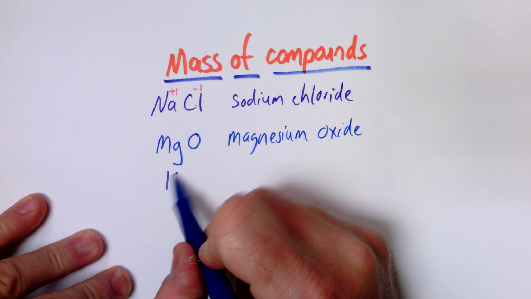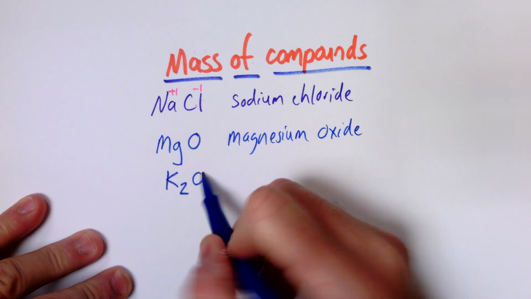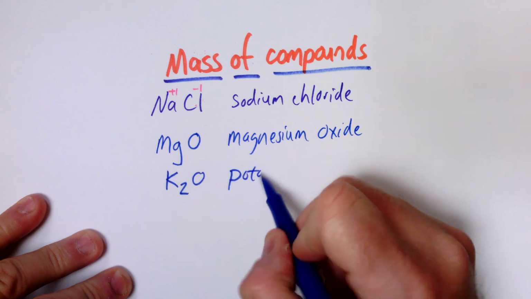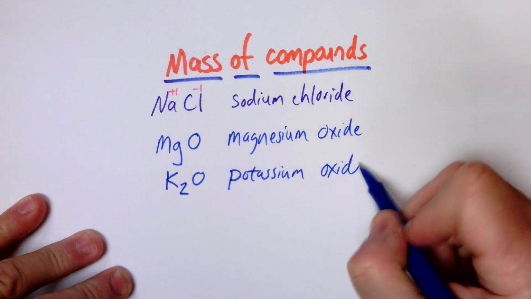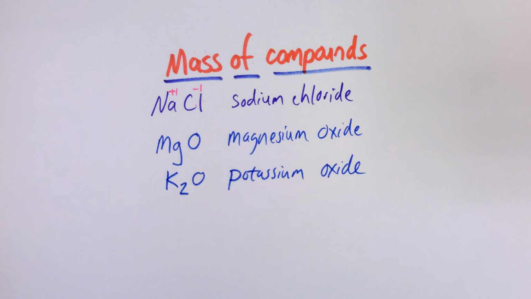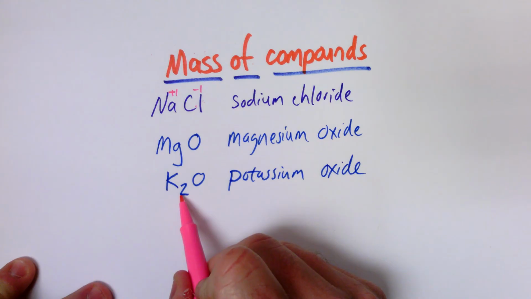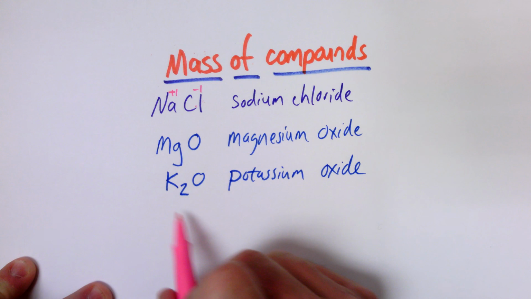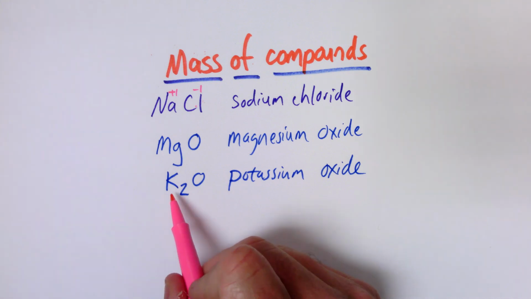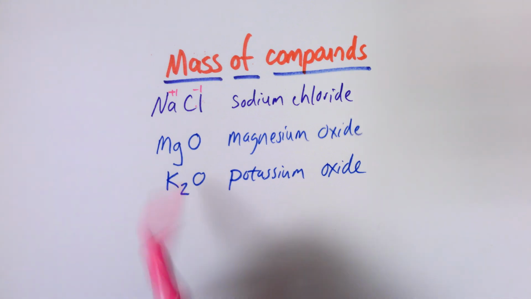But if I had potassium oxide, now this is different because now I've got two potassiums and one oxygen. So my formula mass is going to be two of whatever potassium is plus one of oxygen.